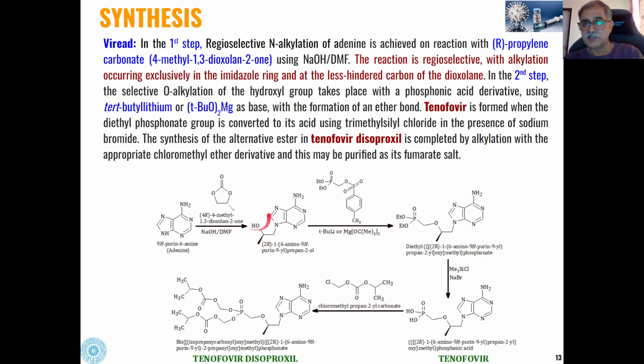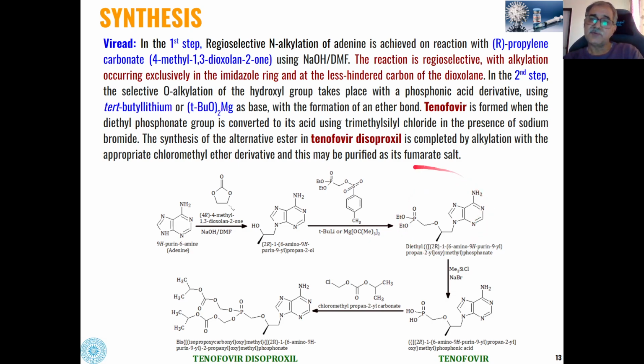Esterification will take place at this hydroxyl functional group. This will act as a carbanion, and this will attack this hydroxyl functional group, and this part will be added to this hydroxyl function, and we will get this type of phosphonate derivative formed.